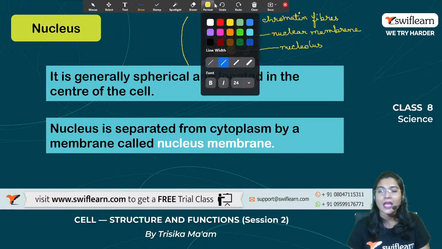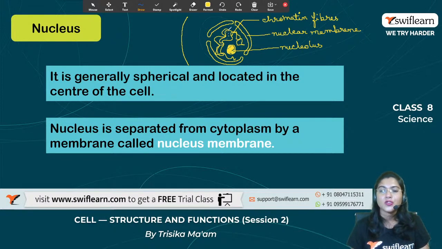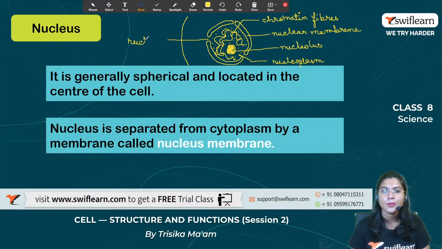Okay, and I'm drawing dots to indicate the jelly-like fluid which is present within the nucleus, that we call the nucleoplasm. And as I have already mentioned, the pores in the nuclear membrane are known as nucleopores.